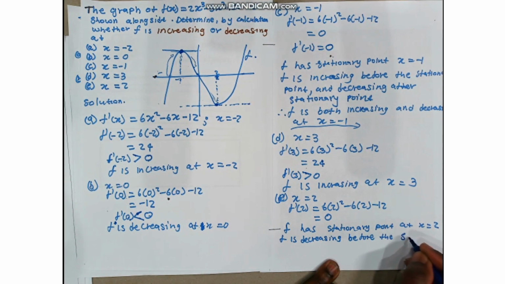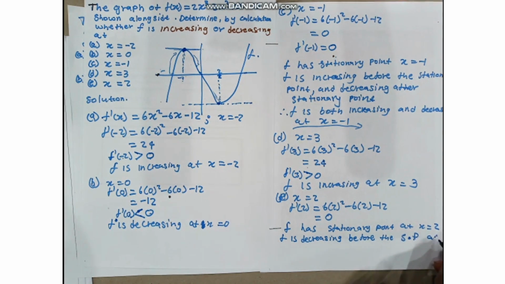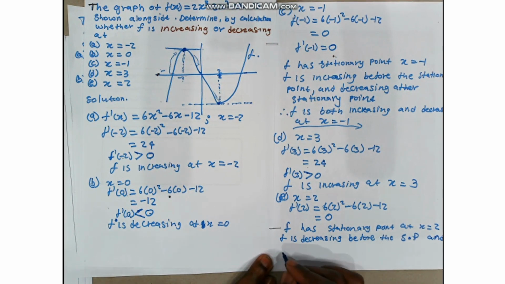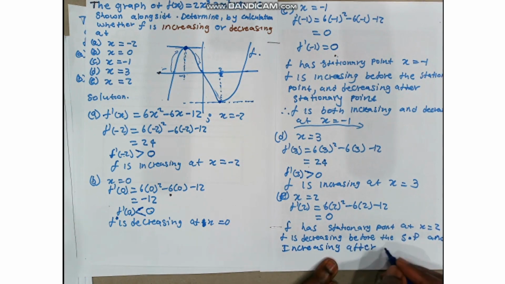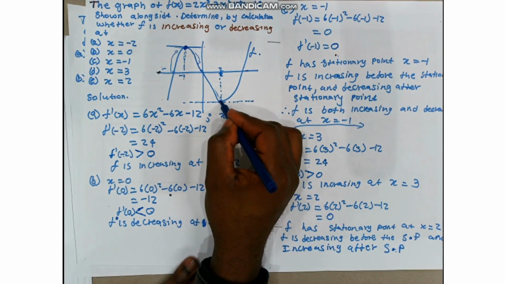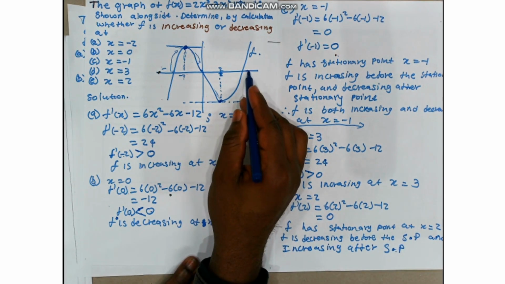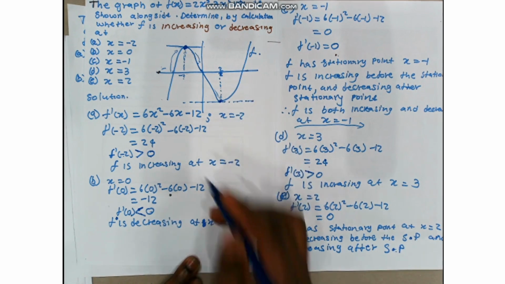I'm just going to say SP, which is stationary point, and it's increasing now after our stationary point, reaching x equal to 2. After it goes up, now it's increasing.